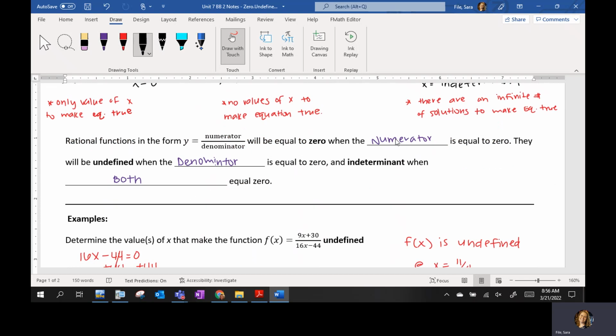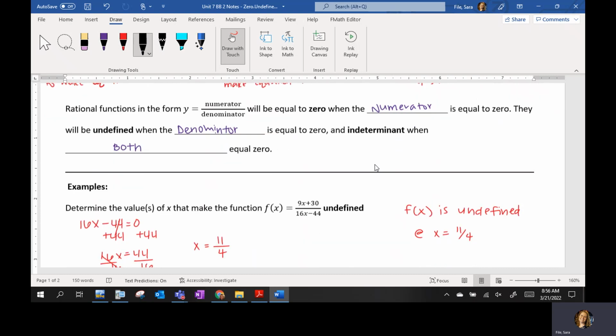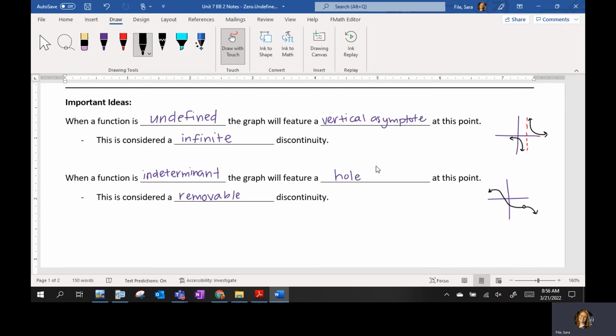So lots of vocab you need to make sure you understand. 0, undefined, indeterminate, and what type of discontinuity those create. The undefined creates a vertical asymptote, which is called an infinite discontinuity, and the indeterminate creates a hole, which is a removable discontinuity. So we're going to be doing some practice in class tomorrow.